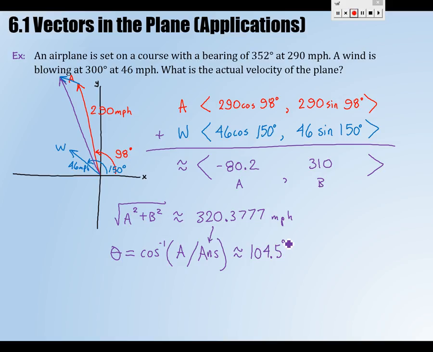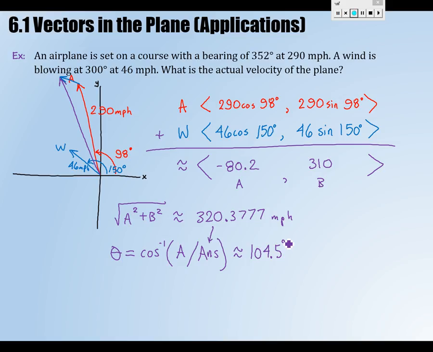If this big angle from here all the way to here is what we want, and this angle is 104, how would you figure that out? Let's ask an easier question. If the whole angle is 104 degrees, then this is like 14 degrees.